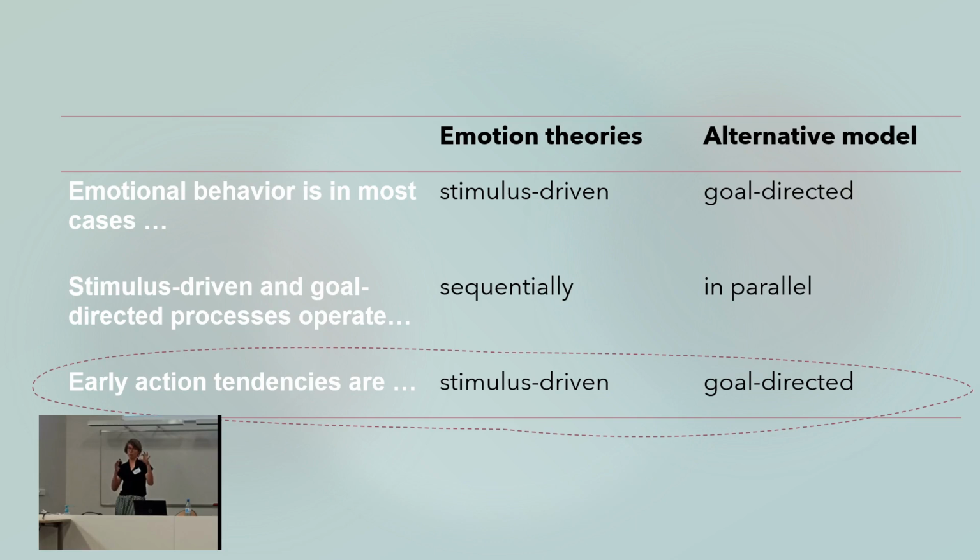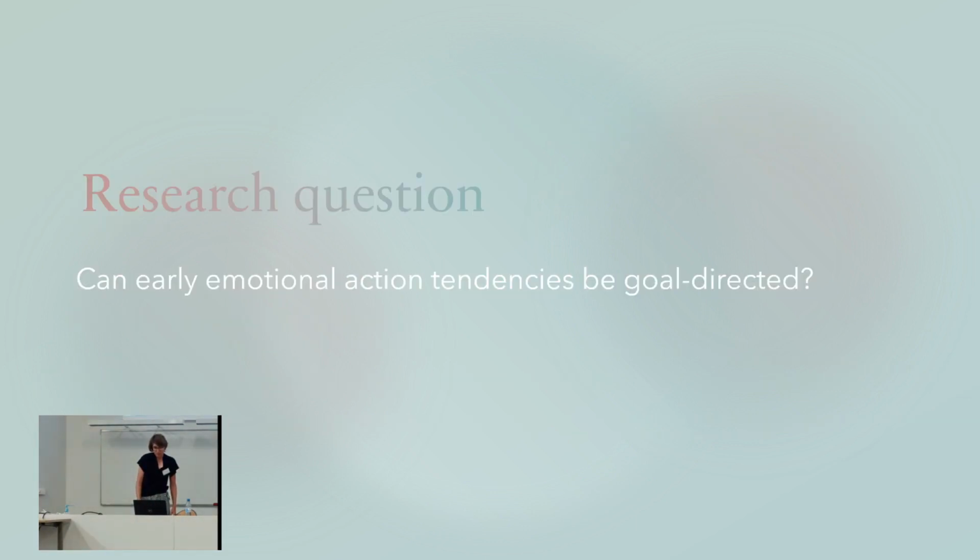So the crucial difference between these approaches is to show that early action tendencies are goal-directed, and that it's not only after emotion regulation, or that emotion regulation does not come afterwards and then makes the behavior goal-directed. Okay, so that is the research question of the study I present to you today.